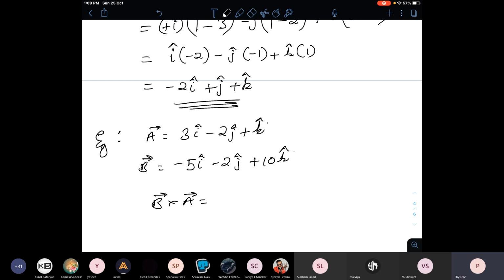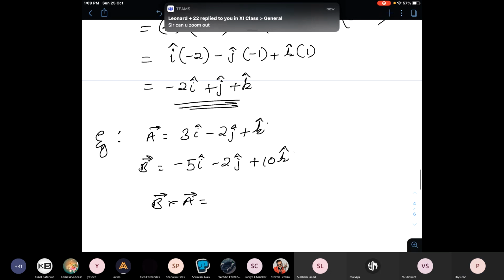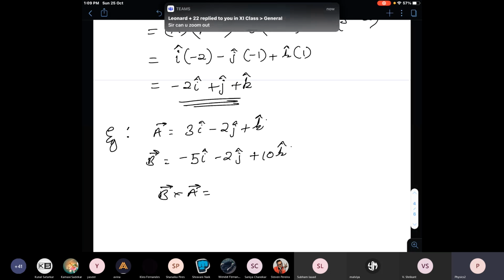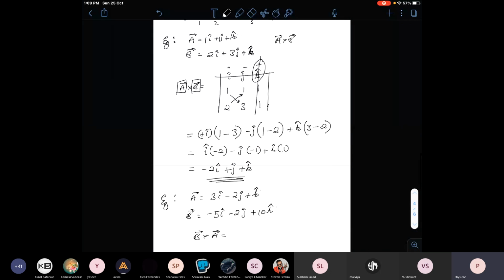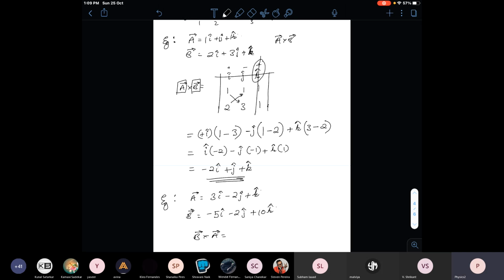Check the signs. Check the signs and the value is also not correct. I am getting a different value for one of them. You should know how to calculate it without seeing your method. Vivek, check your signs. Your magnitudes are correct, but your sign is wrong.